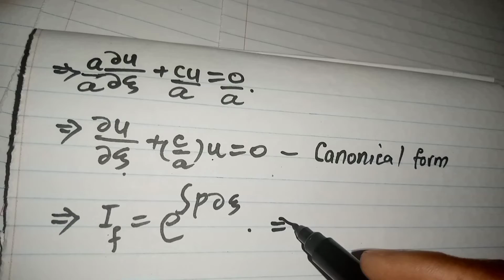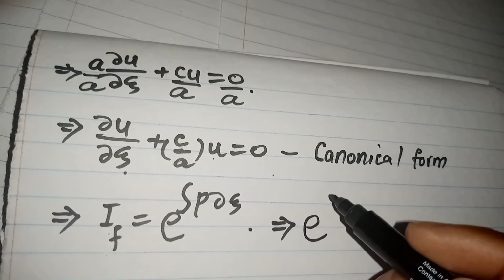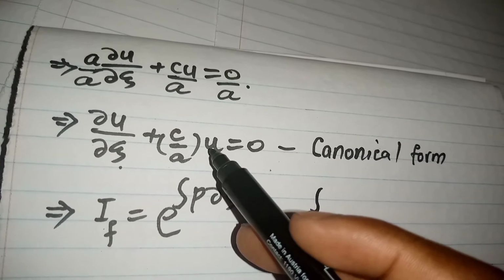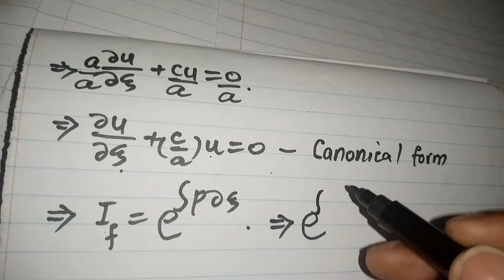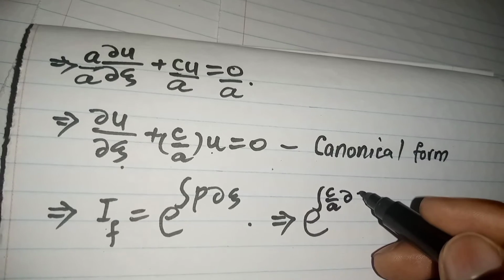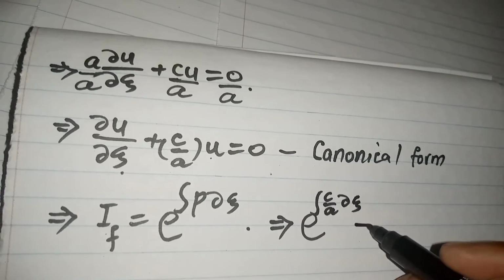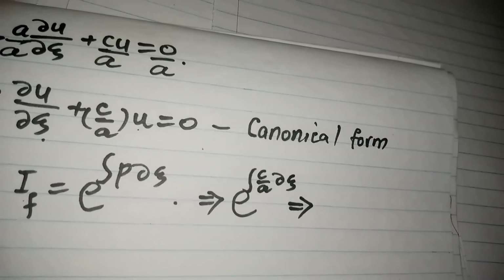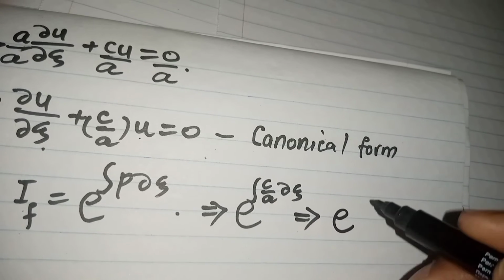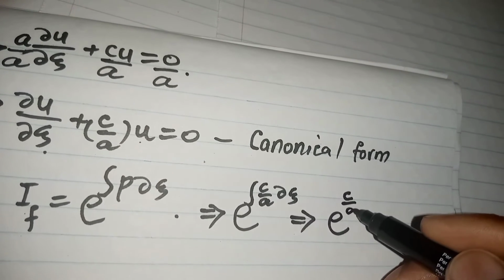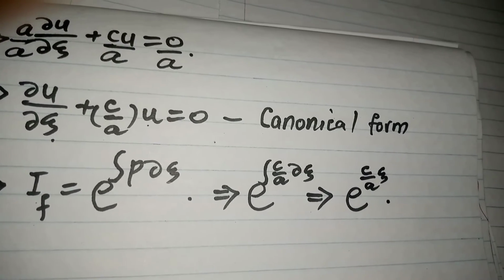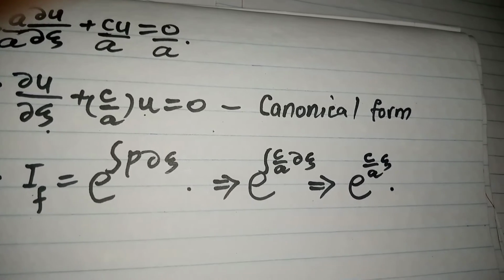The coefficient of u is the value of p. Therefore, instead of p, we put c over a, with respect to xi. Once we integrate c over a with respect to xi, we get c over a xi. So this will be the integrating factor, exponential c over a xi.